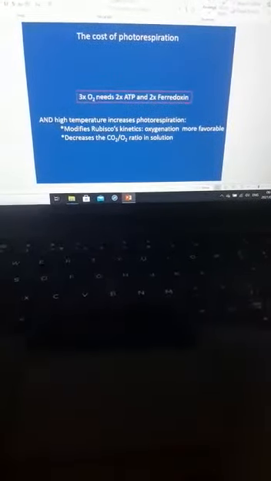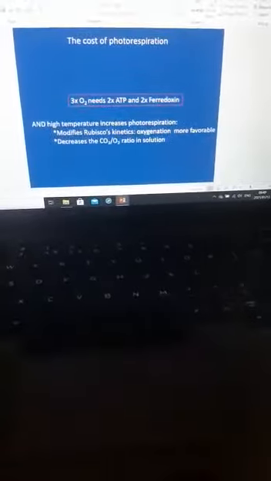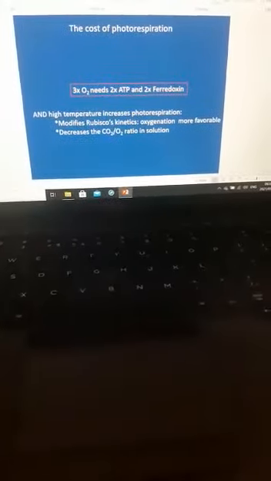Oxygen becomes more soluble, it dissolves faster. Therefore, under high temperature conditions, oxygen is even more favored than carbon dioxide in terms of its movement into the leaf, and therefore in terms of its chances of being attached to RuBP. So what that means is higher temperature conditions favor photorespiration instead of photosynthesis.